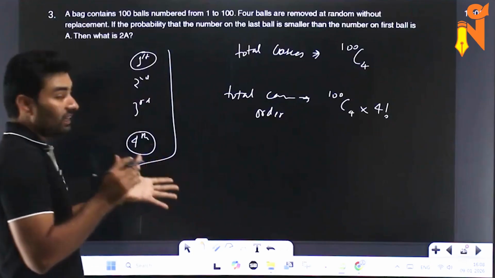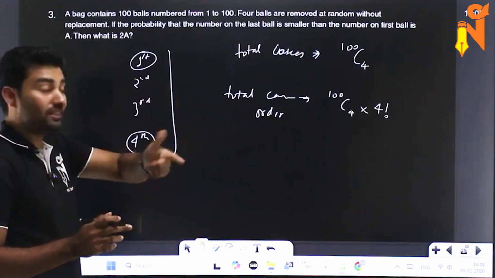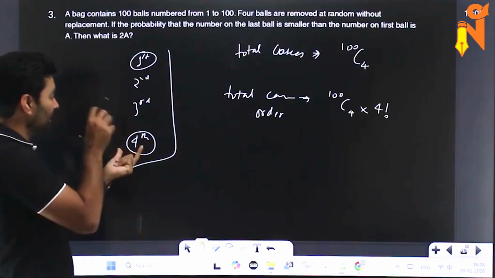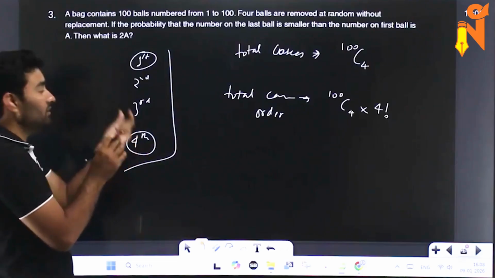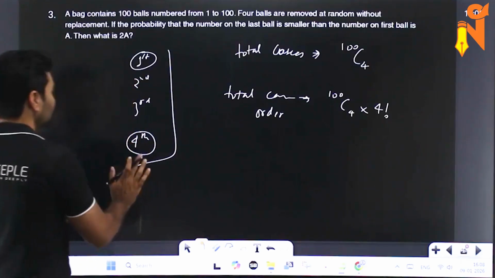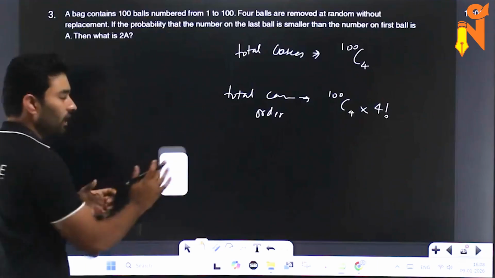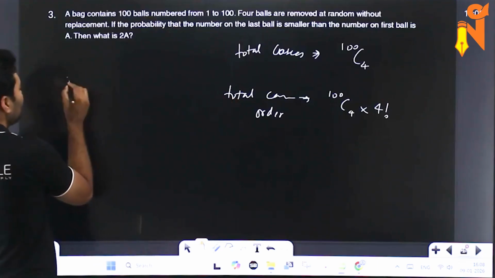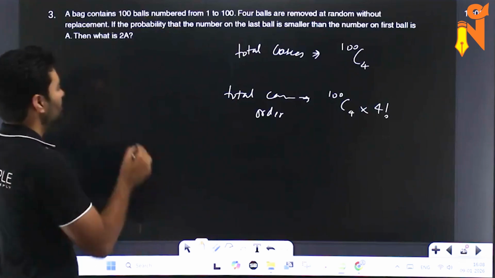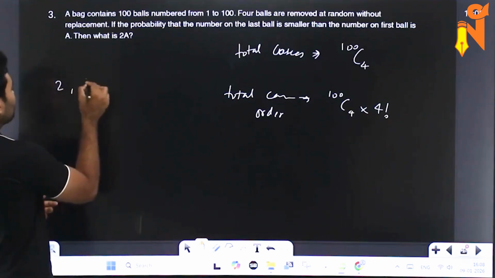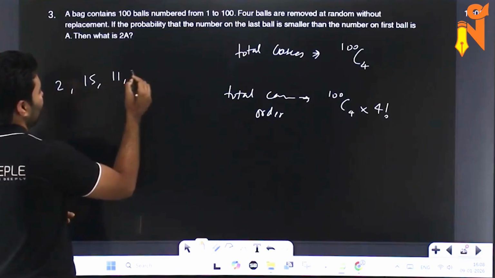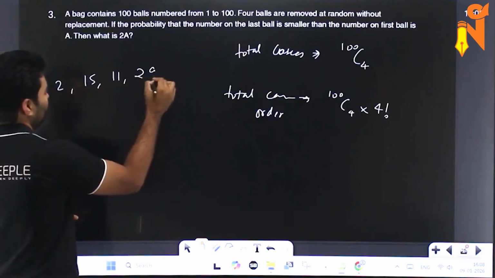Now the probability of getting that case in which the fourth ball's number is lesser than the first number. So how many cases? It's very obvious, half of them. Why? See, example. Let's say I am picking randomly, so let's say 2, 15 and 11 and let's say 29, whatever.